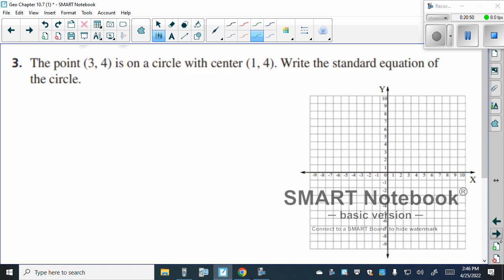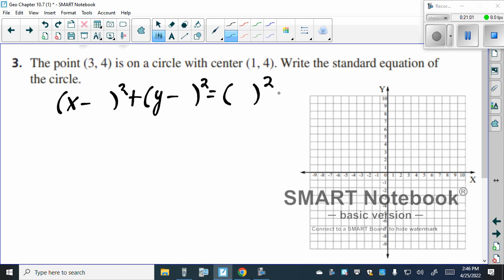So, the standard equation is x minus h squared plus y minus k squared is equal to our radius squared, yes? So we could write out the general formula with h and k, but I have a feeling at this point we have a good understanding of what the formula is. Now they told us the center is 1, 4, so the value of h is, and the value of k is.